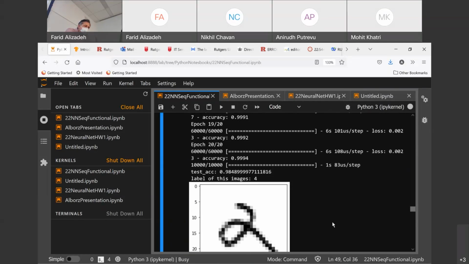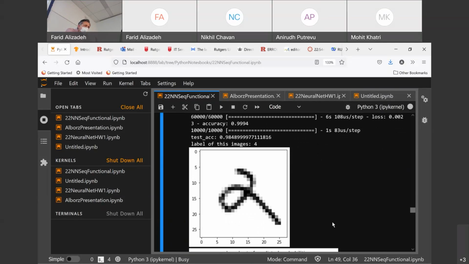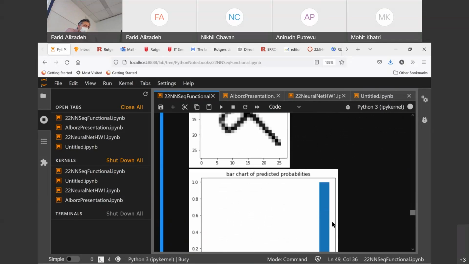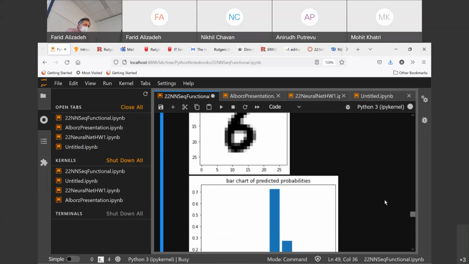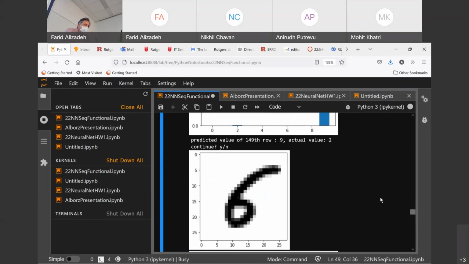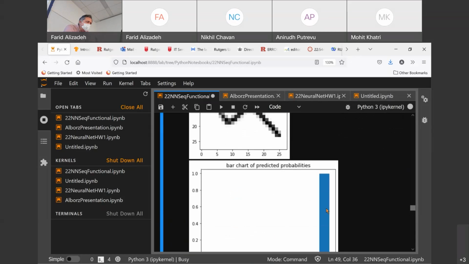Anyway, so here are, what is this? I don't know. It predicted that this is a non. Well, I don't know what's going on. Something is wrong with my labeling here.